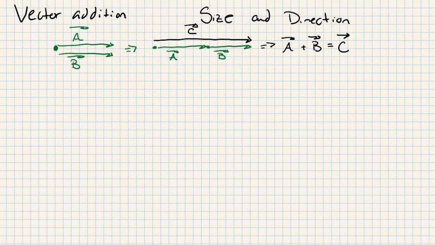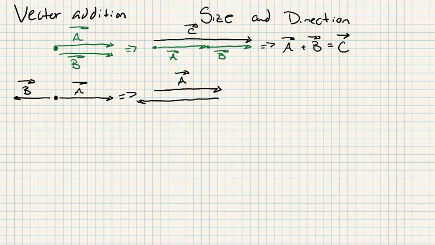And the same can be true if they were pointed in opposite directions. So, for example, if we had A directed to the right again, and we have B directed to the left this time. Well, that's the same as A to the right, and then, remember, tip to tail, B back again.